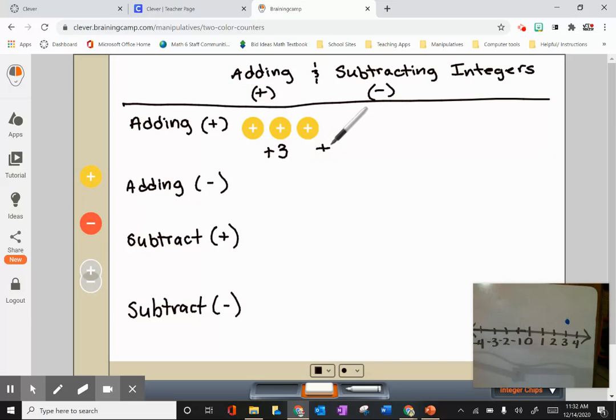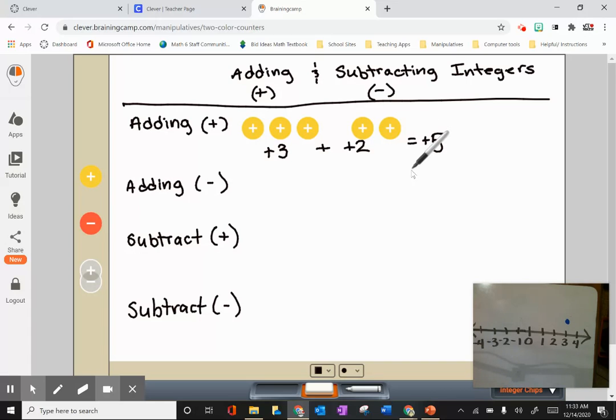If I wanted to add positive 2, that means to join with 2 other positives, which gives us a total of 5 positives. If we have 3 positives and join them with 2 other positives, you now have 5 positives. So this works the same way.